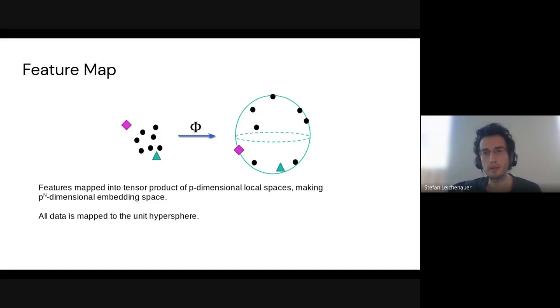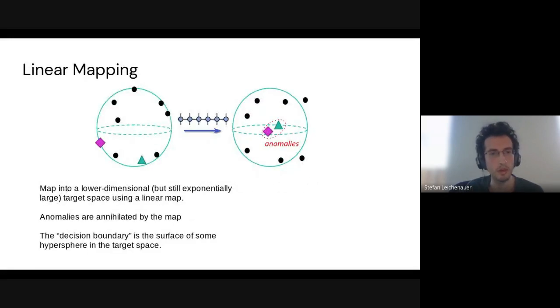The other thing to note about the feature map is that, at least for us, it's fixed. It's not something that we train. It's just something that we choose beforehand and then fix forever. One could consider a generalization where this nonlinear feature map is also part of the training. But we have not done that, and I'm not aware of other works which do that either, but it could be interesting.